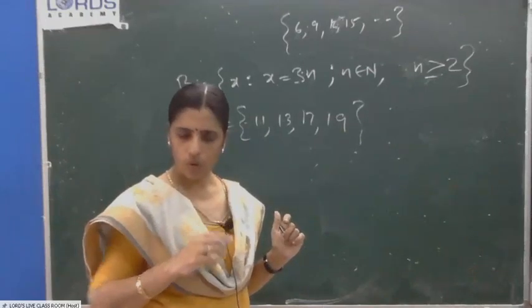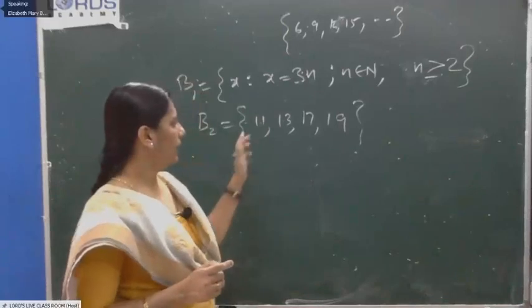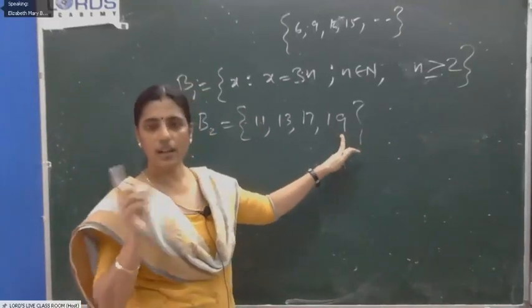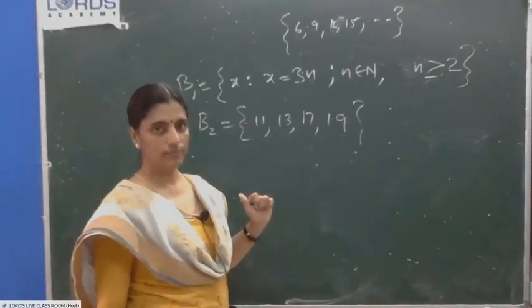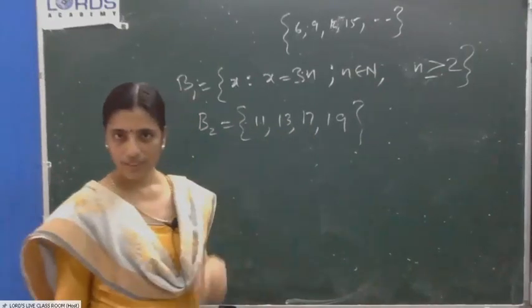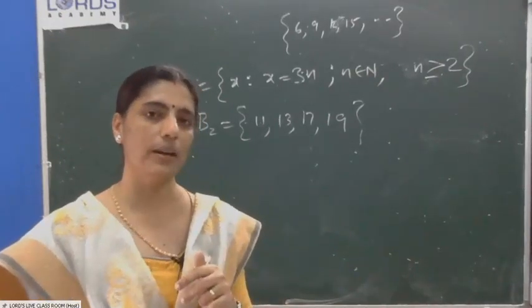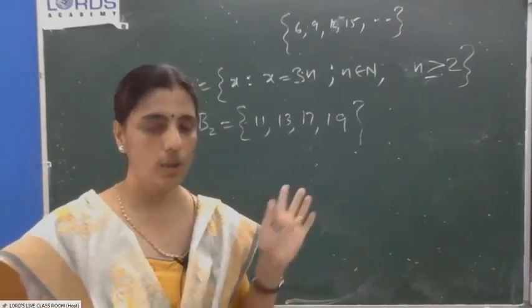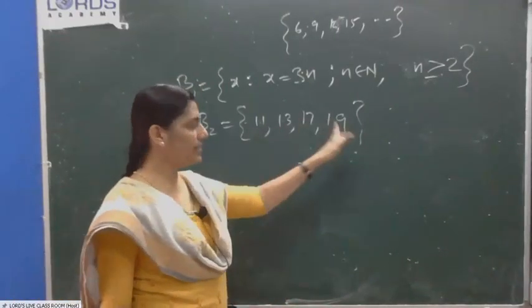These are not all the odd numbers. Where is 15? 15 is missing. They are odd numbers, but if we say 2n minus 1, it should include all the odd numbers. 15 is odd, but these have some speciality.